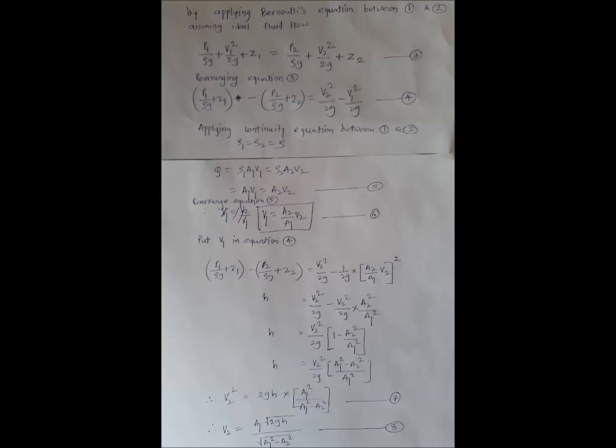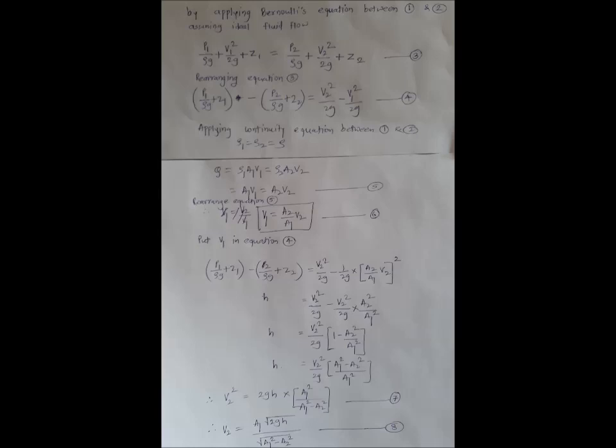Again rearrange the equation of H to obtain the value of V2. So V2 square is equal to, taking 2g on the left hand side, 2gH, and taking (A1 square minus A2 square upon A1 square) on the left hand side, it will be A1 square upon A1 square minus A2 square.